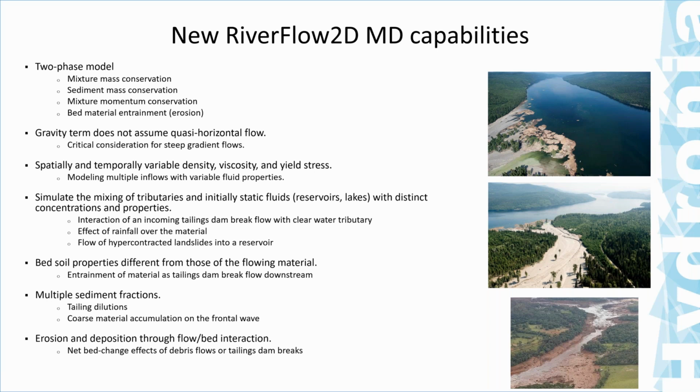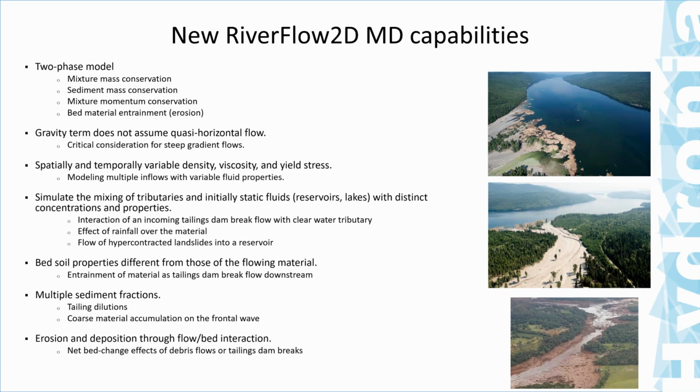So if you have a tributary with clear water that gets into the runout of the tailings or the mud flow, those two streams can mix and the resulting concentration will vary.